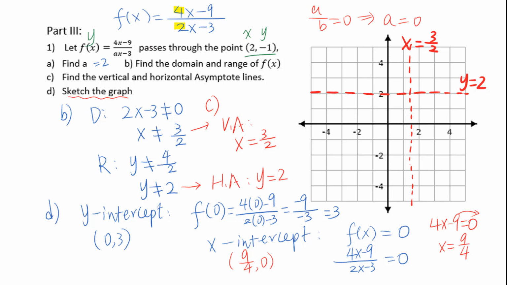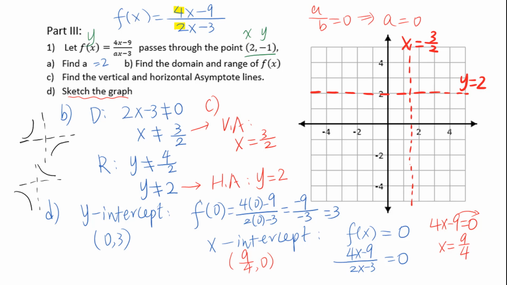For a rational function with linear over linear, there are two kinds of graph. Either the graph like this or the graph like this. You have two types of graph.